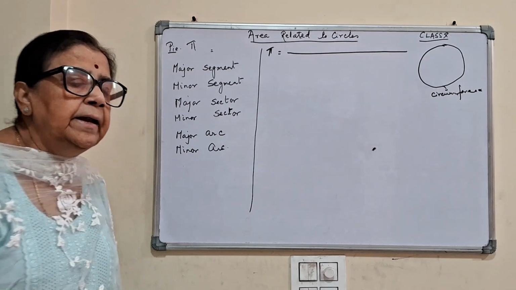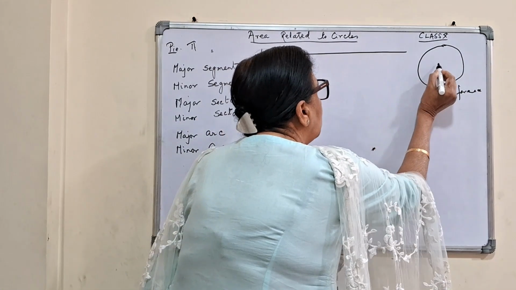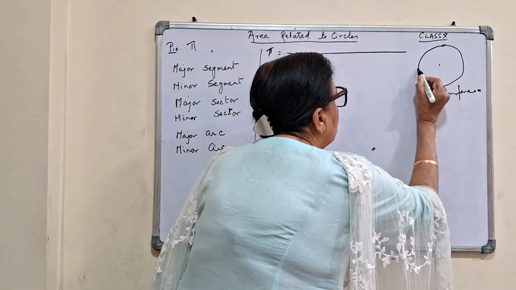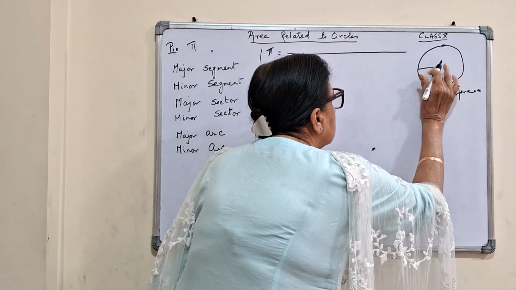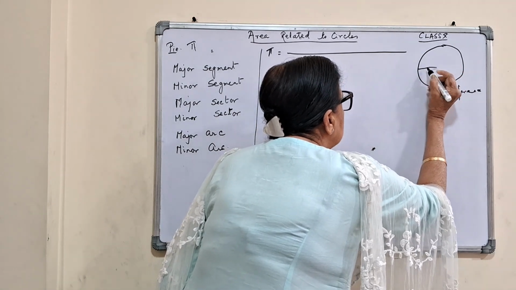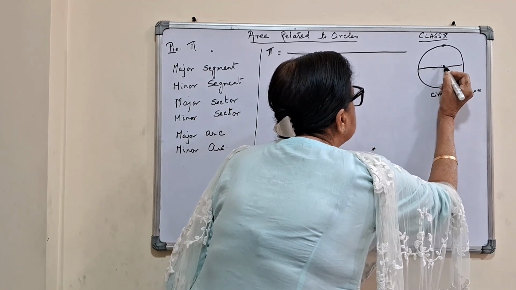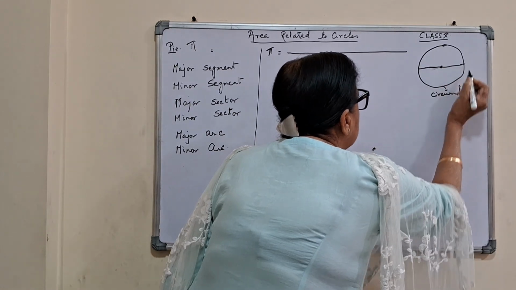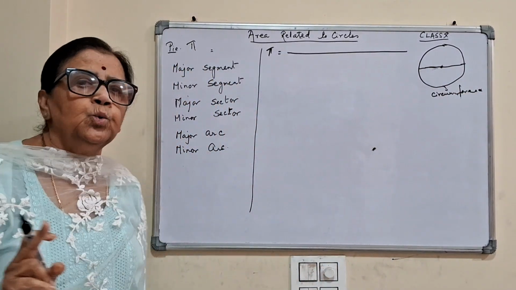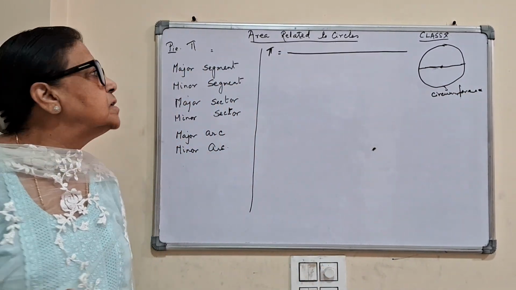Circumference, and with the center O, if I draw a diameter, this is called the diameter. Diameter is twice the radius.